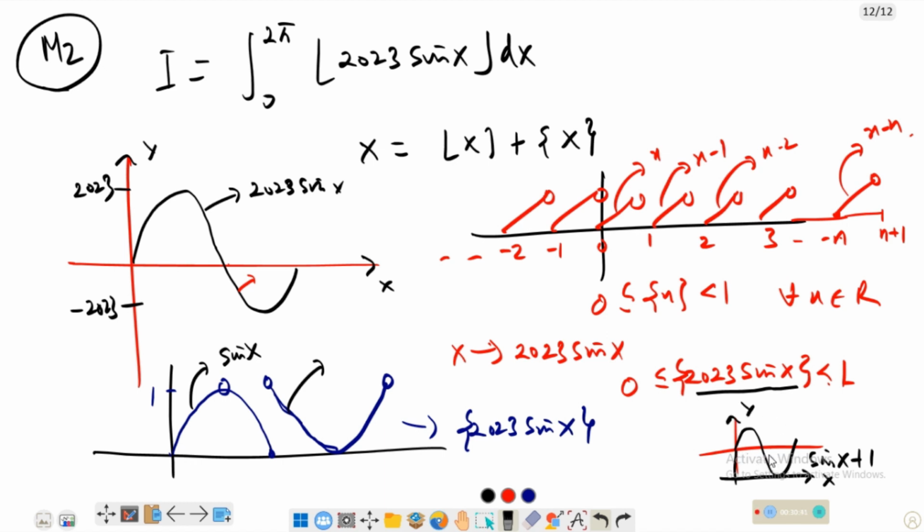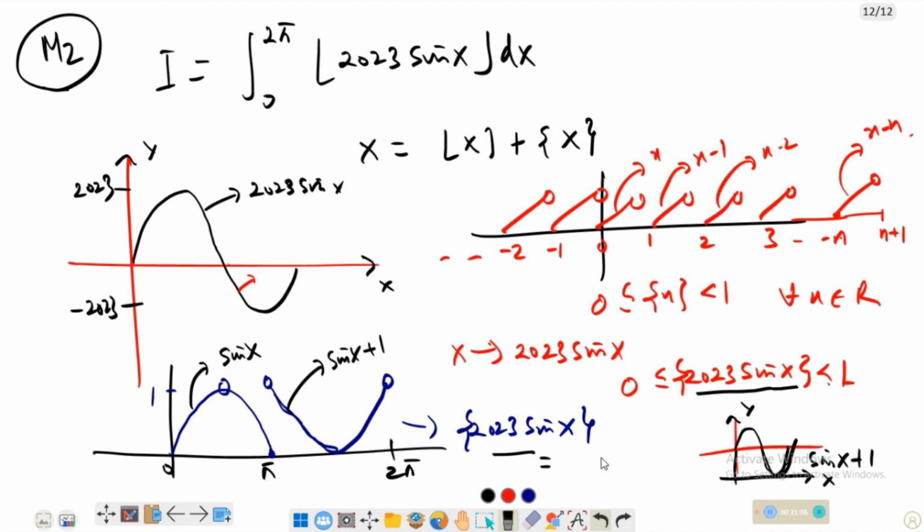So this quantity is sin x plus 1. Between 0 and pi, this quantity is equal to sin x, and from pi to 2 pi, this quantity is equal to sin x plus 1.